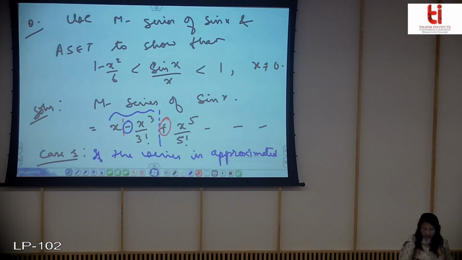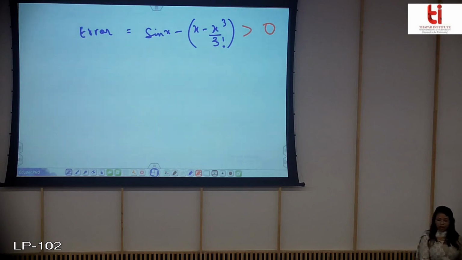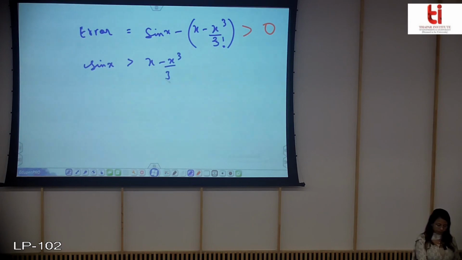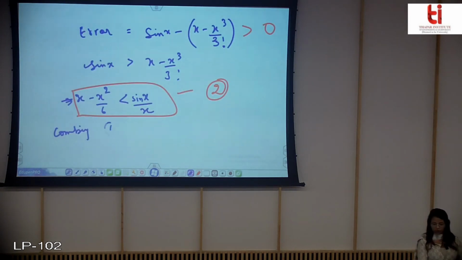Now the sign is positive, so this should be greater than 0. By using this, you can write that sine of x is greater than this, and this implies that 1 minus x square by 6 is less than sine of x by x. Now if you combine 1 and this, which I call 2, you will get the desired result.